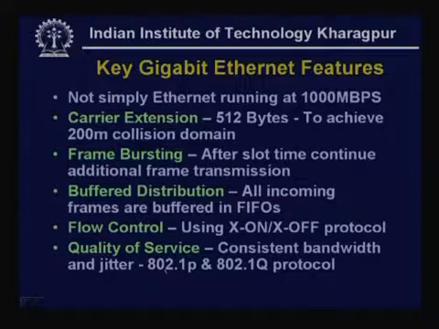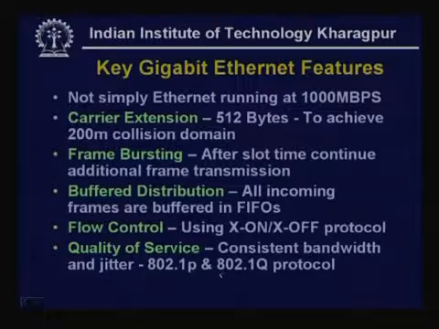Moreover, in Ethernet and fast Ethernet there is no quality of service. The reason is that because of the CSMA/CD protocol, it is probabilistic, there can be unbounded delay, and there can be loss of frames, which cannot be accepted in many applications, particularly real-time applications.